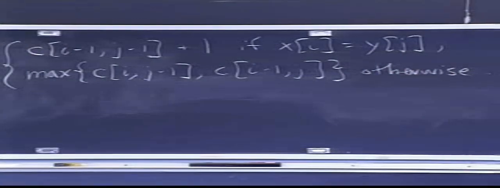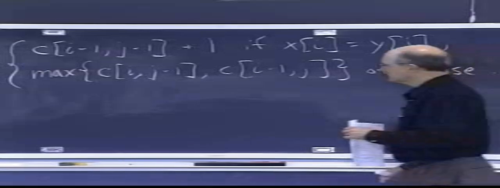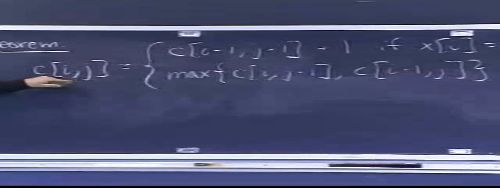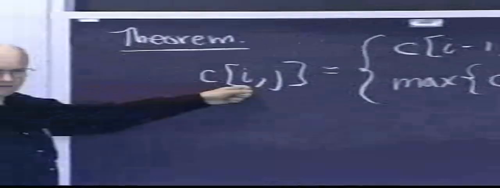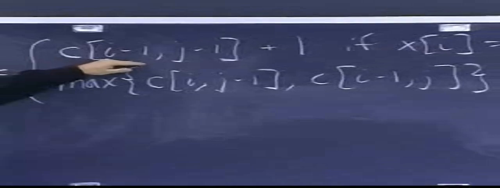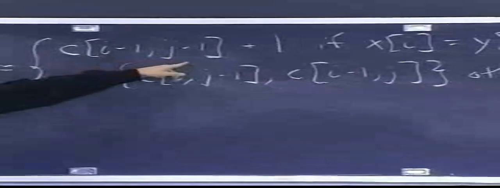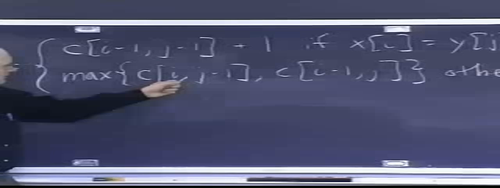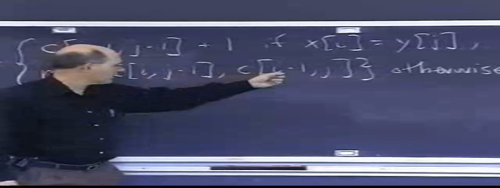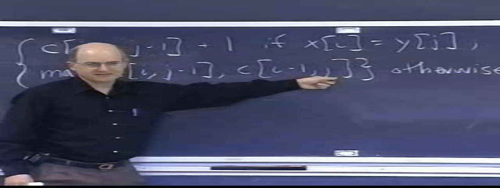This says that I can compute the length of a longest common sequence of x from 1 to i and y from 1 to j based on the length of a longest common sequence either from 1 to i minus 1 and 1 to j minus 1 for x and y, or i j minus 1, or i minus 1 j.